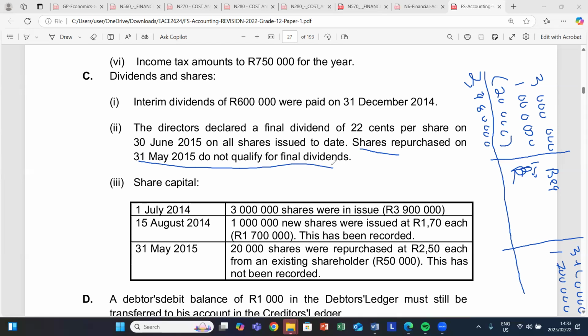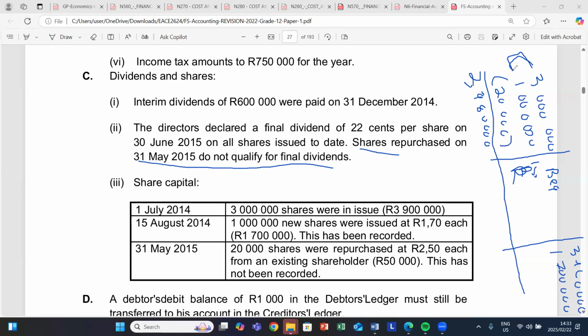But do you realize that they said shares repurchased do not qualify for a buyback? That's what they're saying. If they do not qualify for buyback, it simply means that you should minus your repurchase. You had 4 million shares, and then you repurchased 20,000 shares.